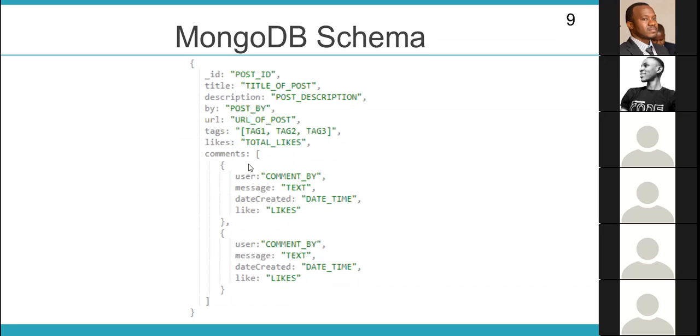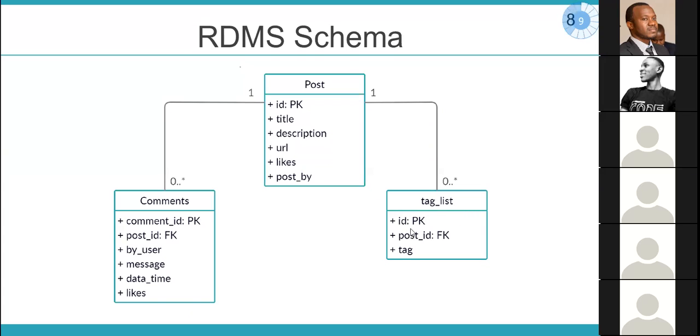So you see we have the comments being embedded in here as an array of objects, because one post can have more than one comment. So we have an object representing a comment. And then for the tags, you see here we had to create a different table with an ID and a foreign key, rather with a primary key and foreign key.